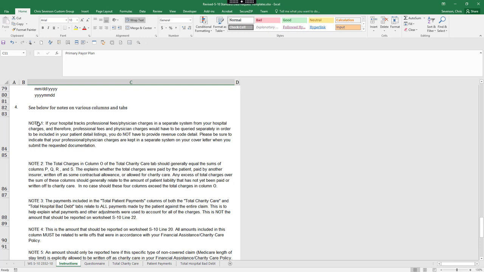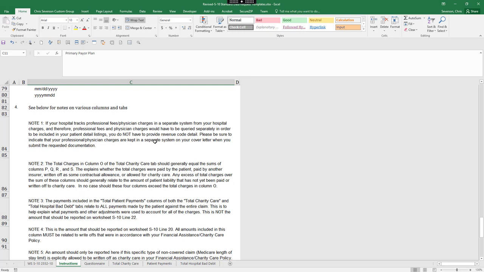So if we take a look at note 1, now this is the note that existed all along. We're going to see these notes and we're going to see the columns in the worksheet tabs that they actually relate to. So note 1 is a situation where if your hospital tracks the professional fees and physician charges in a separate system, then you do not have to provide the revenue code detail that you normally would on the charity care tab, and for that matter, the bad debt tab.